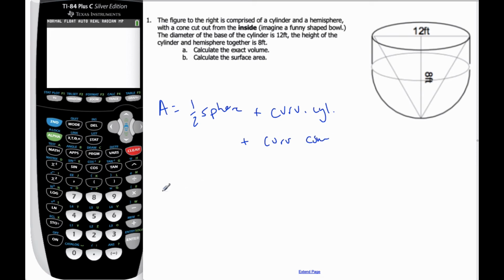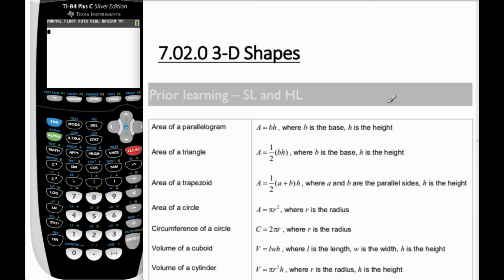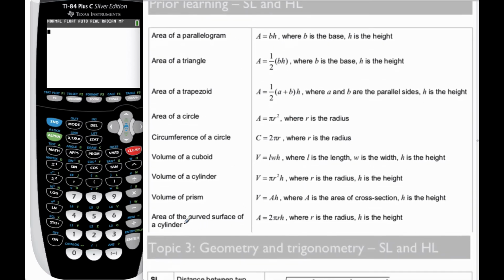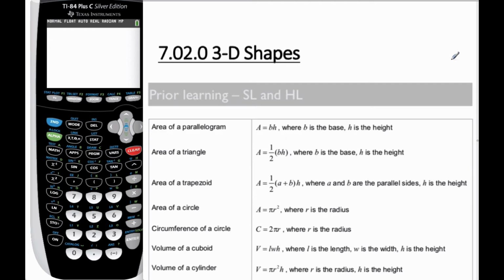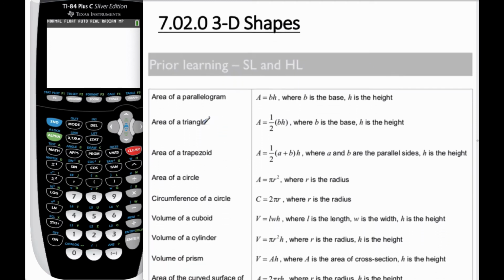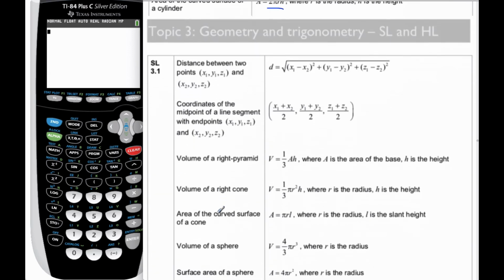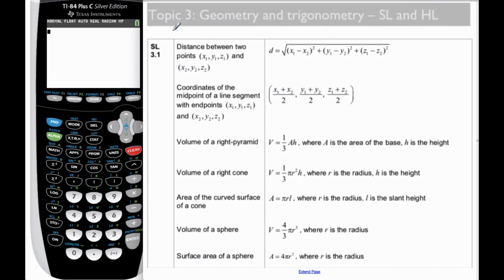Finding all these formulas, if we go back to our formula booklet, the area of the curved surface of the cylinder is 2πrh. The other ones are going to be in the Topic 3 section.